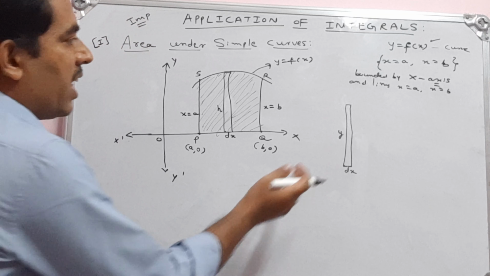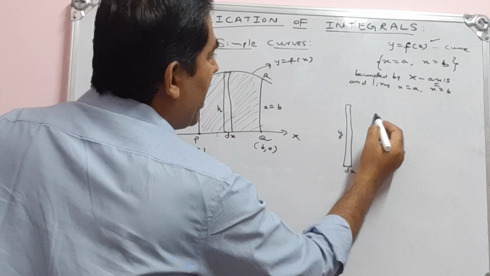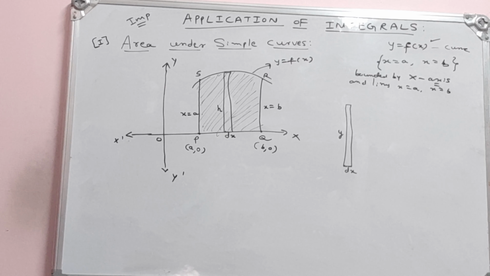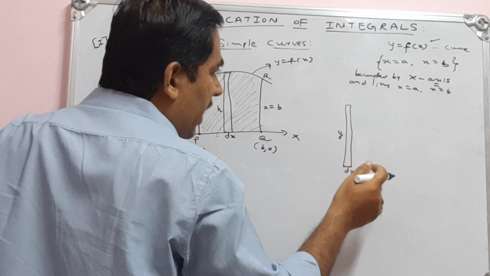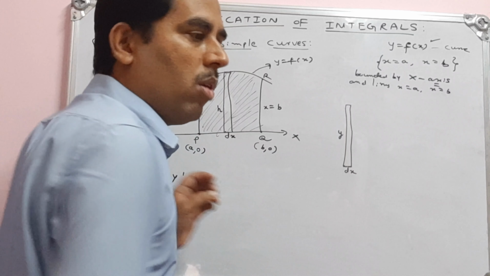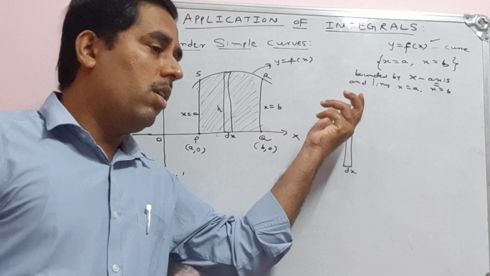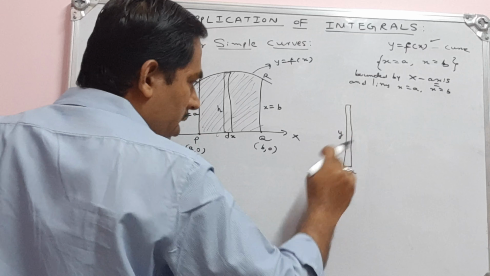Then what is the area of this elementary strip which I have taken? I'm talking about only this one strip. The area of a rectangle is length into breadth. This length is y and breadth is dx.